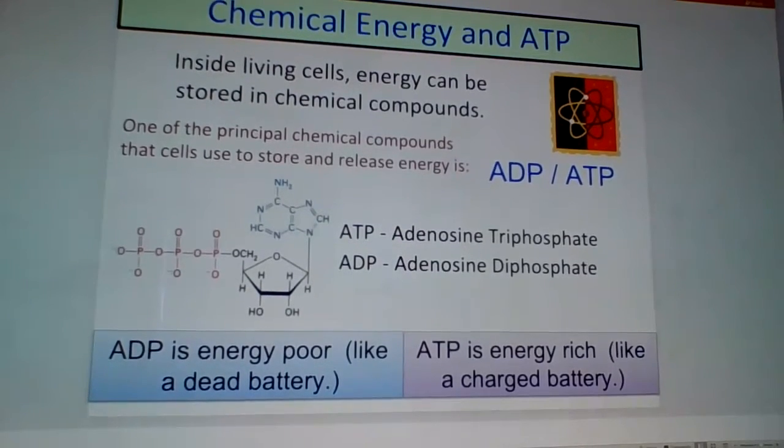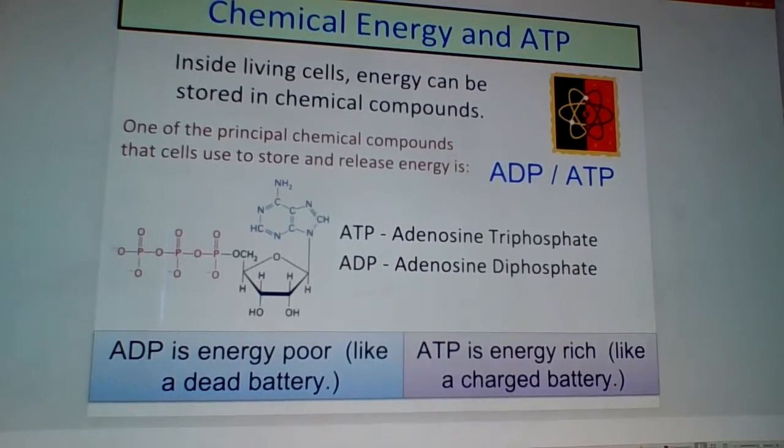Chemical energy and ATP. Inside living cells, energy can be stored in chemical compounds. One of the principal chemical compounds that cells use to store and release energy is ADP or ATP. ATP is adenosine triphosphate, and ADP is adenosine diphosphate.